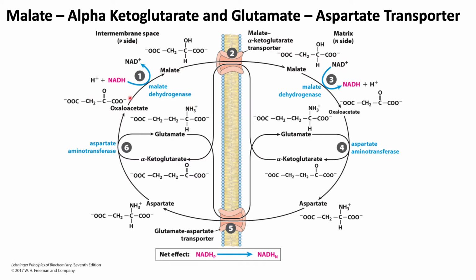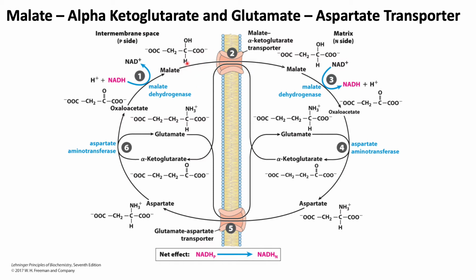The enzyme that catalyzes this reaction is malate dehydrogenase, which is the same enzyme that is also used in the TCA cycle when we are converting between oxaloacetate and malate. So the two hydrogens are passed on to oxaloacetate, NADH gets oxidized into NAD+, and now we have malate.